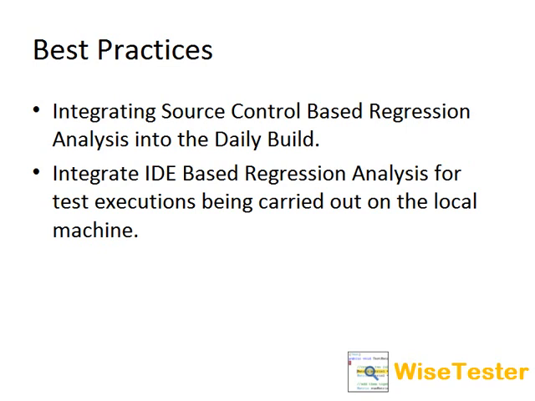So if you got a notification that your test failed, together with the change set which broke your test, if it is you, then you can run the IDE-based regression analysis on your machine because you are the one who broke it. And if it's another developer, he can execute the IDE-based analysis on his machine and let you know the exact code snippet or code changes which caused the failure in a much better resolution.